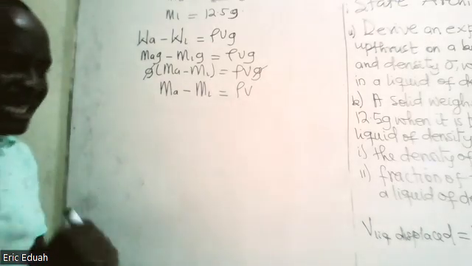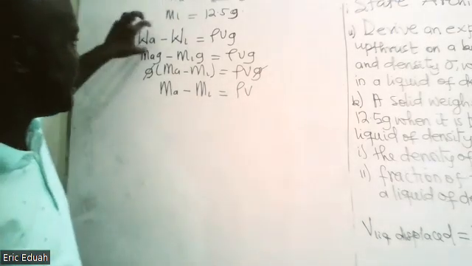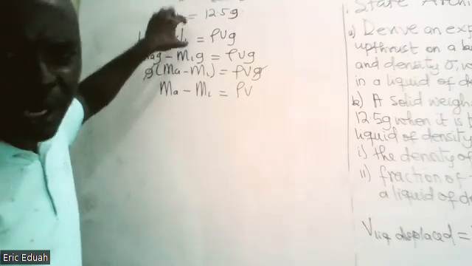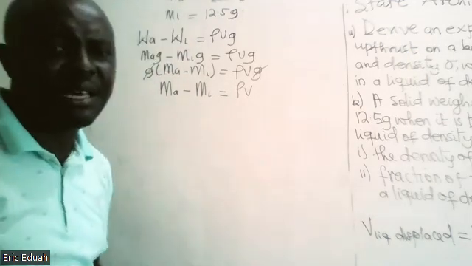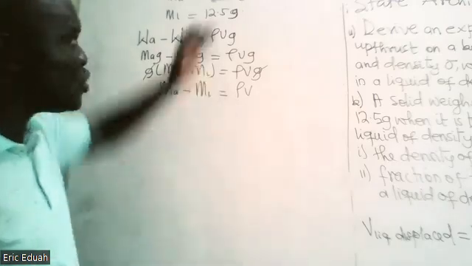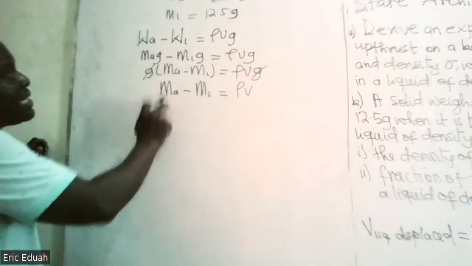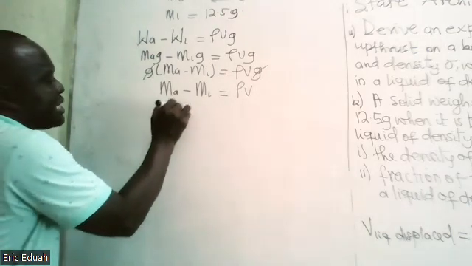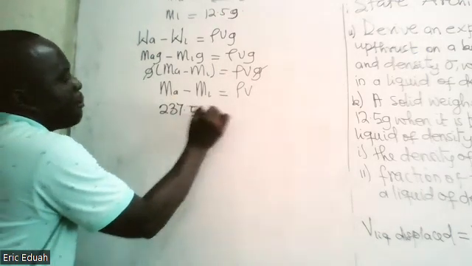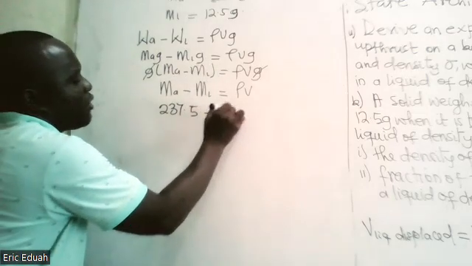What it means is that instead of expressing this in terms of weight, we can also express them in terms of masses. Use what we were given. So the mass in air is 237.5 minus mass in liquid 12.5.